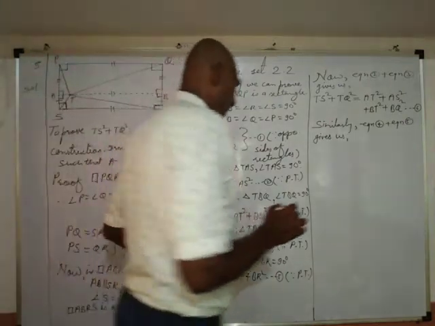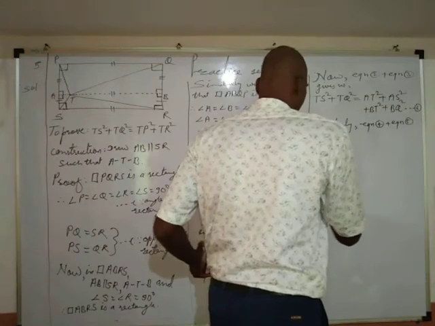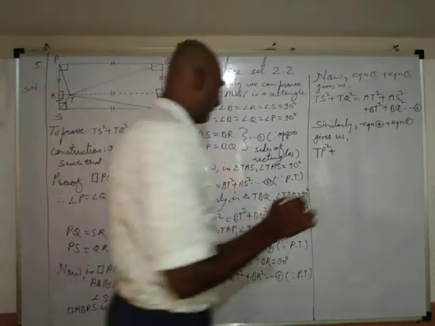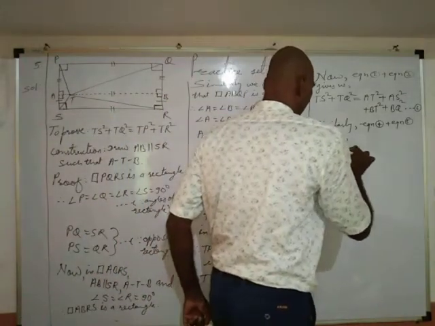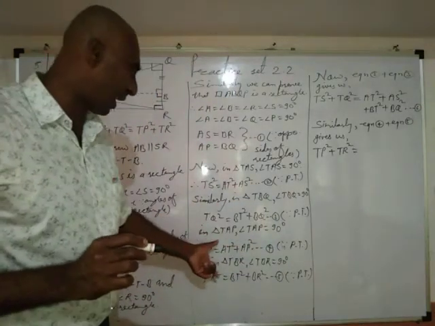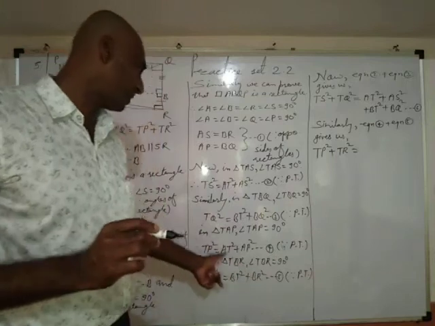Means at the left there will be TP square plus TR square, equals, now right sides are AT square plus AP square and BT square plus BR square.